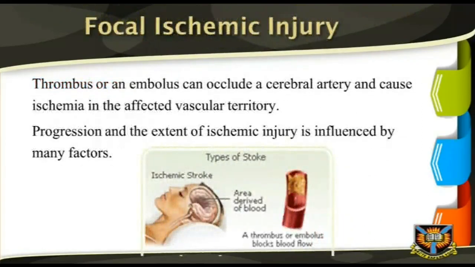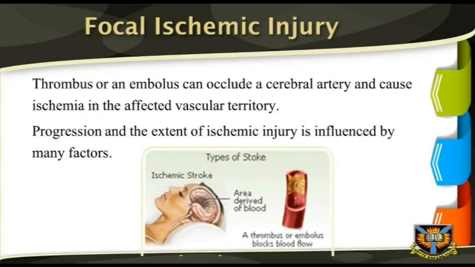Focal ischemic injury. A thrombus or an embolus can occlude a cerebral artery and cause ischemia in the affected vascular territory. It is often not possible to distinguish between a lesion caused by a thrombus and one caused by an embolus. Thrombosis of a vessel can result in artery-to-artery embolism.